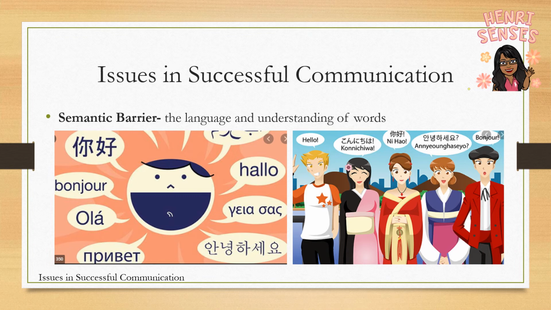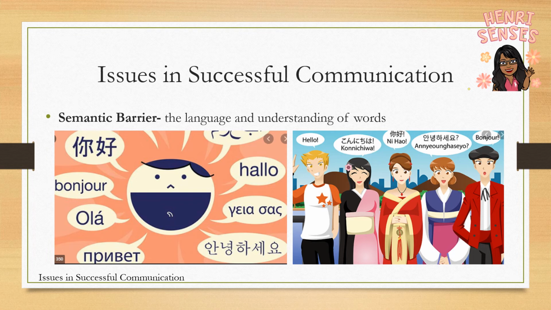This kind of barrier is difficult to understand because people understand based on their background. The meaning of words and actions normally differs from one culture to another, from one language to another. So that is semantic barrier.